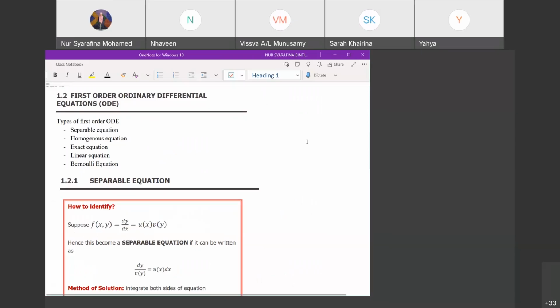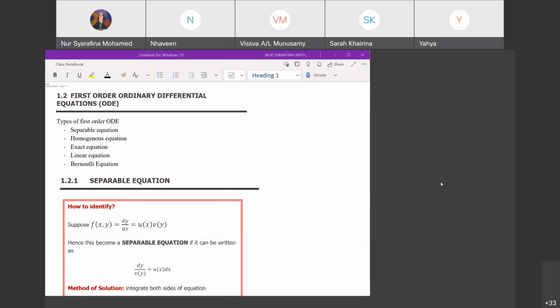We have done with basic terminologies and also the definition. Okay, how many types of differential equation that you have learned? Anyone?